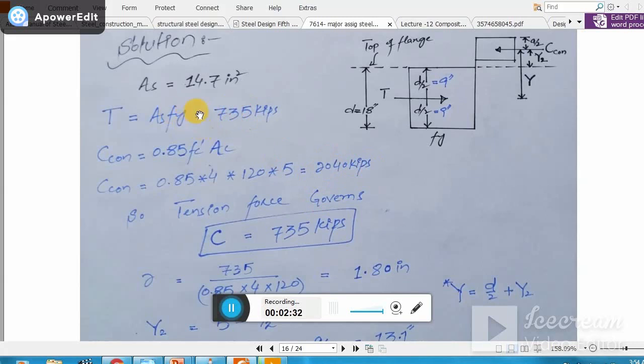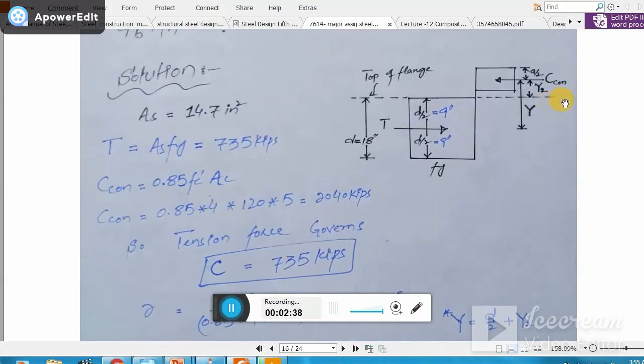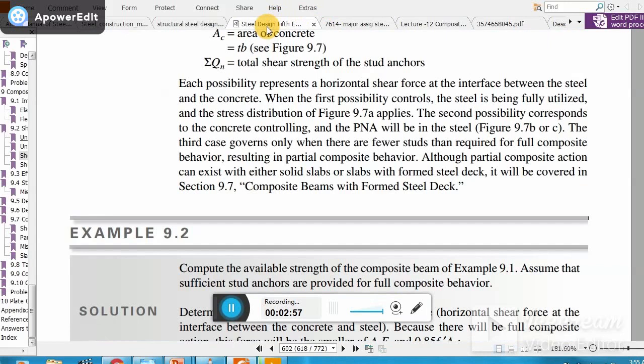So that's why our AsFy is less than Cc. So this means that your plastic neutral axis lies within the concrete section. If this one is greater than this one, then the plastic neutral axis will be in this region, or you can say in the web portion.